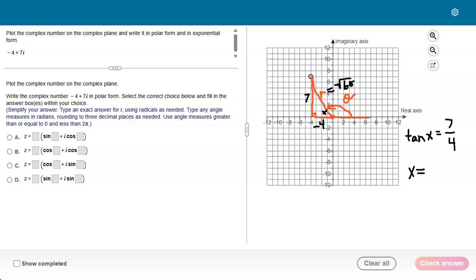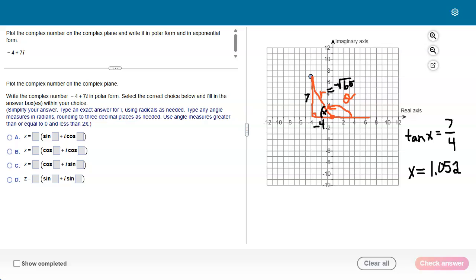I can also use some basic right triangle trig to find this angle inside the triangle. I know that the tangent of that angle, I'm calling it x, is opposite over the adjacent, or 7 over 4. I can take the inverse tangent of both sides to find that x equals 1.052.